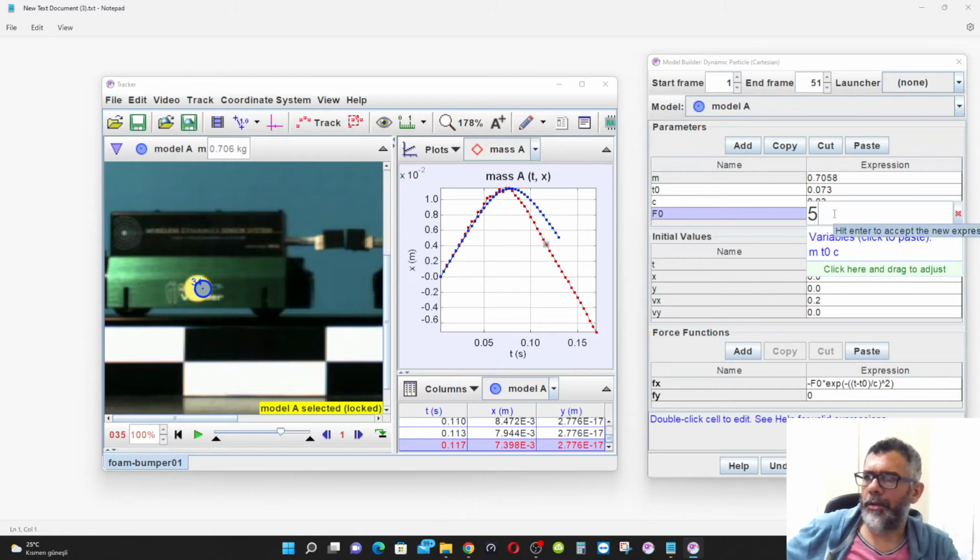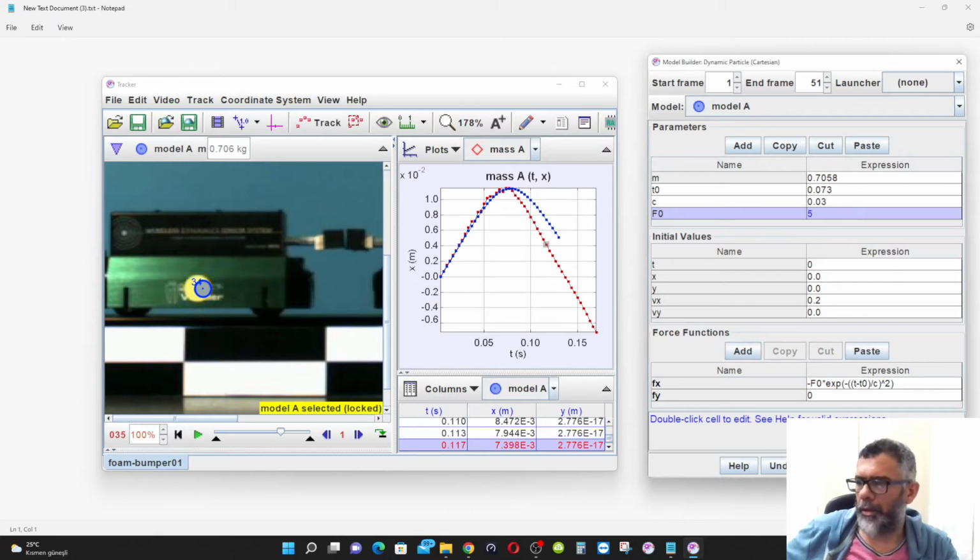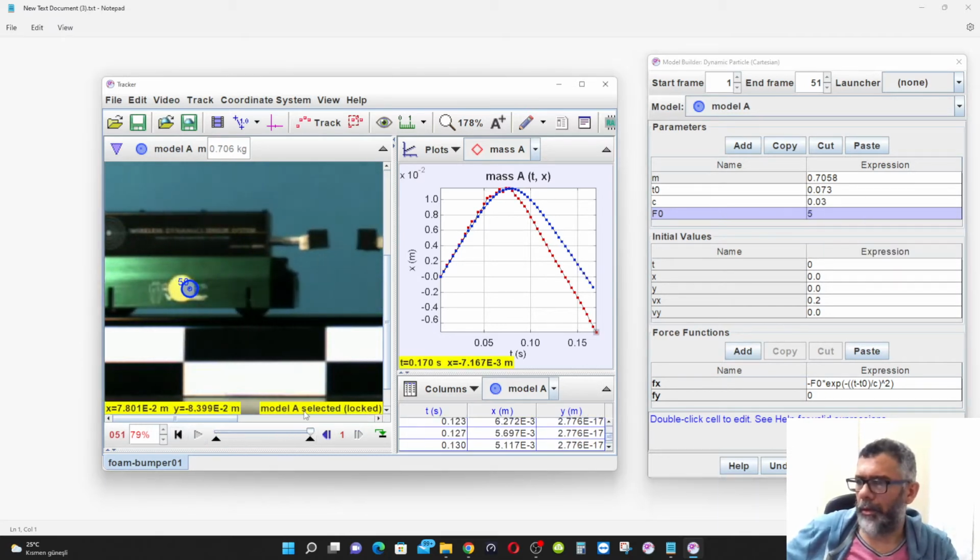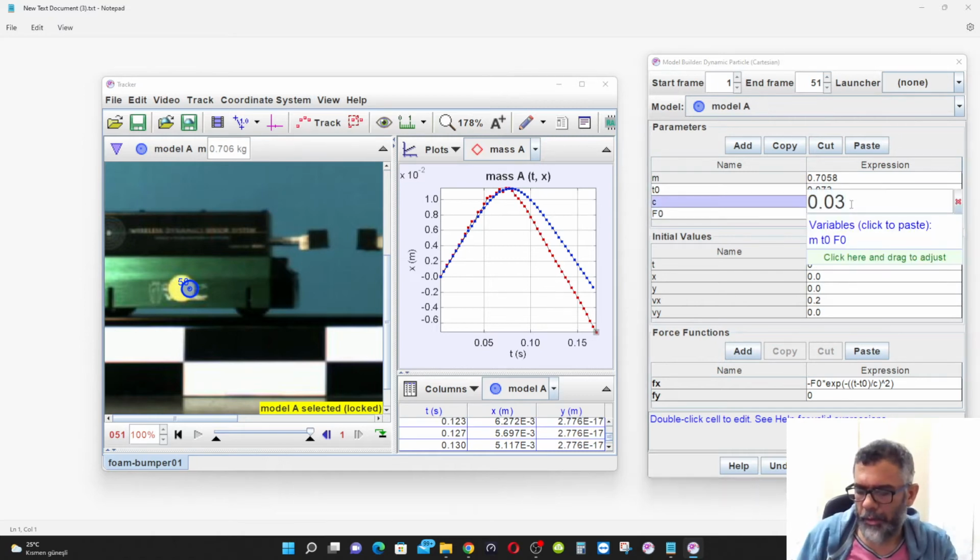And so it seems that the order of the maximum force is going to be around 5 newtons or so. At least we got this idea. But this part, let's run this until the end. Okay, so this part is not matching well. So we're going to play with this. Maybe we can reduce this to 2.